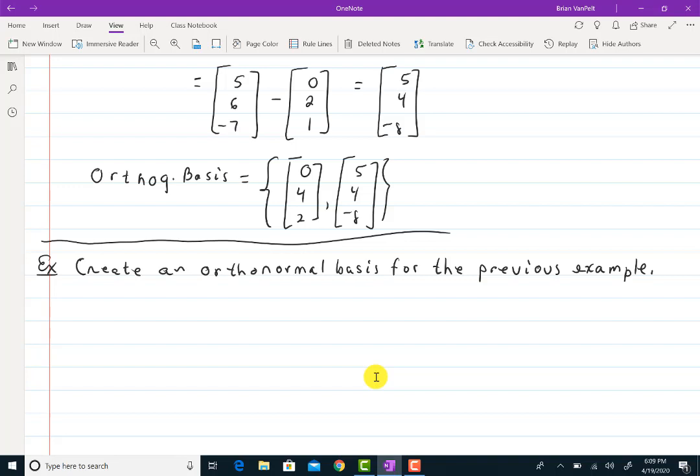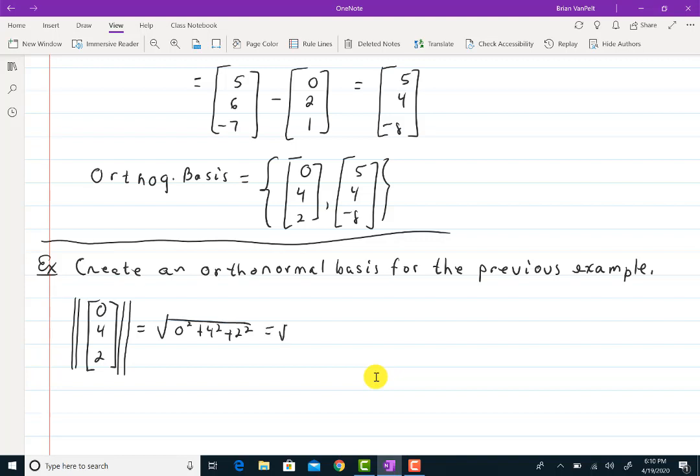All we have to do is change all their lengths to unit lengths. So when I take the norm of 0, 4, 2, we have the square root of 0 squared plus 4 squared plus 2 squared.